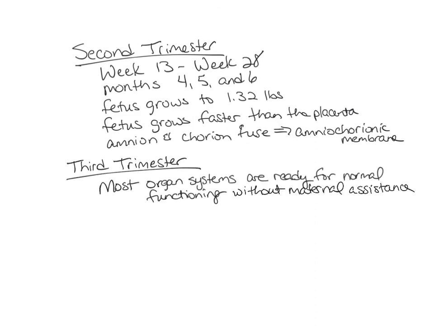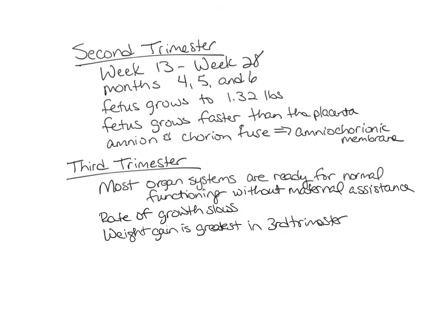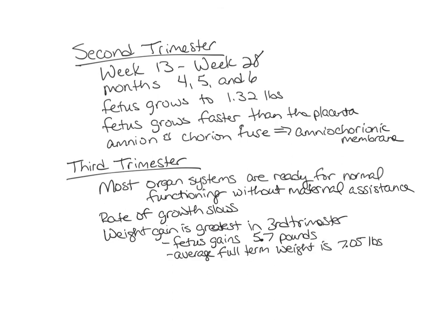The rate of growth slows. The weight gain in the third trimester is greater than the first and second trimester. In the last 3 months, the fetus gains 5.7 pounds. The average full-term weight is 7.05 pounds.